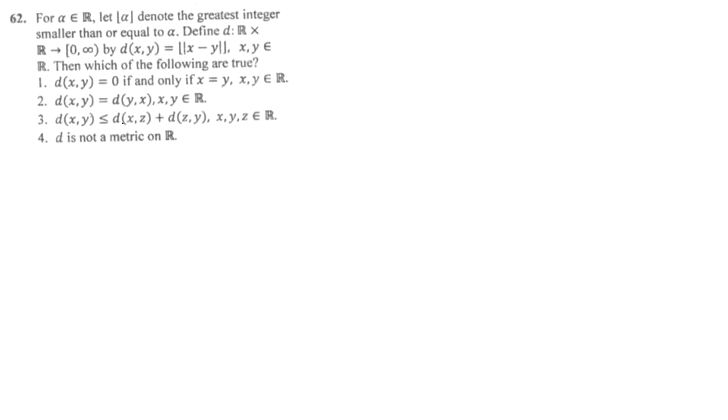Now option 2 is d of x, y is equal to d of y, x for all x, y belongs to R. So d of x, y is the greatest integer smaller than or equal to mod x minus y.